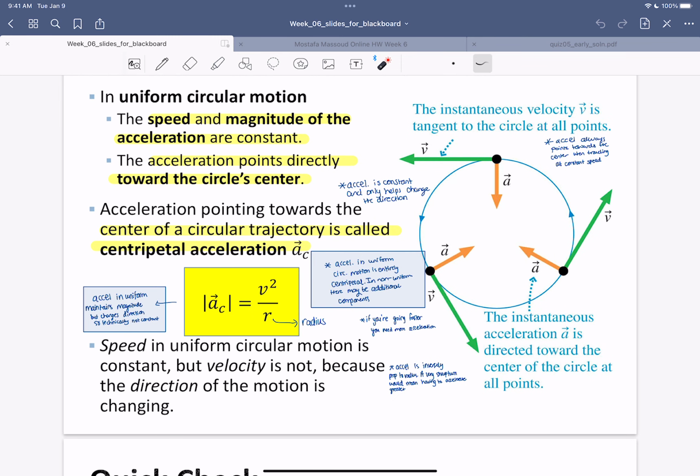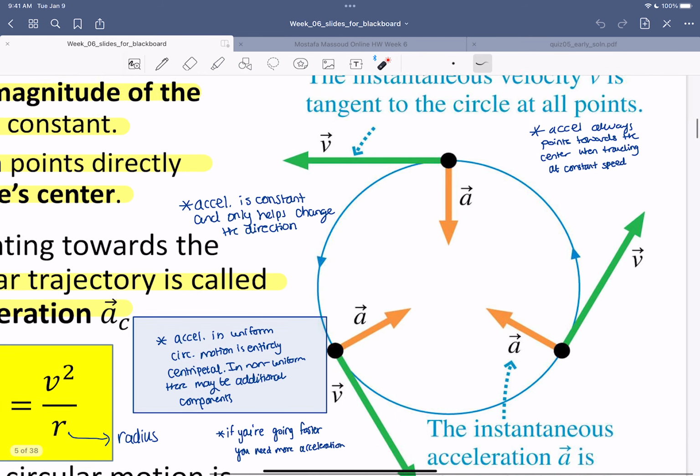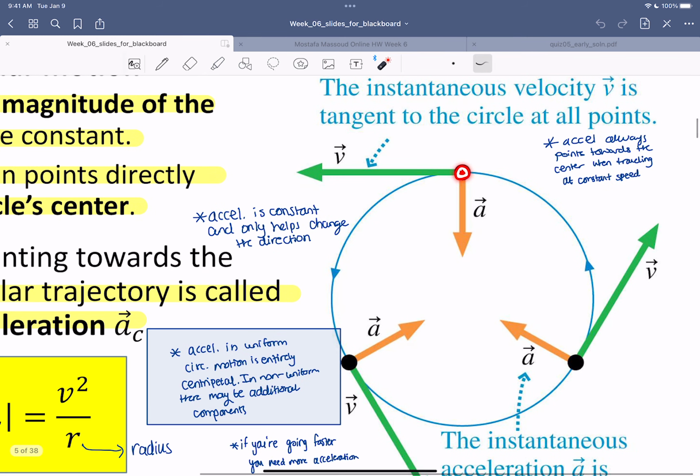And then with regards to figuring out velocity and acceleration on the circular pathway, your velocity vector is always going to be tangent, or directly adjacent to the curve. I can think about this circle as being kind of my displacement.